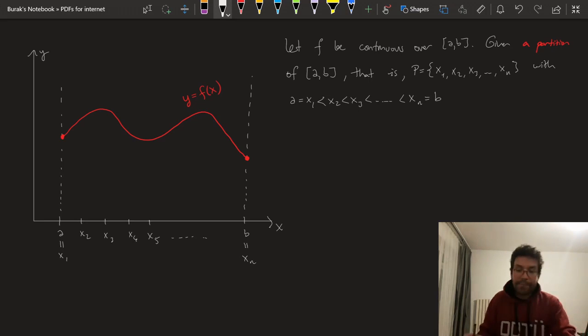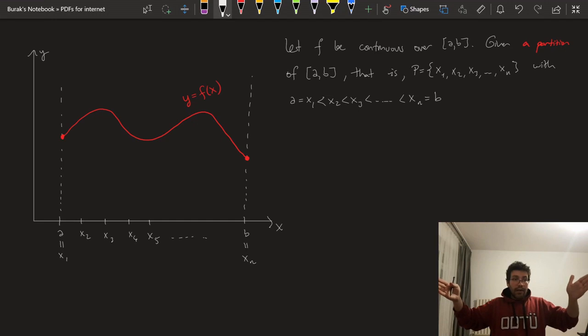Okay, so this is a partition. A partition of AB is simply a bunch of points, two of which are A and B. When you talk about partitions, it's common practice to order them like this. If you name them x1, x2, up to xn, you're simply assuming that the first one is the left-hand point of your interval, the last one is the right-hand point, and these are ordered.